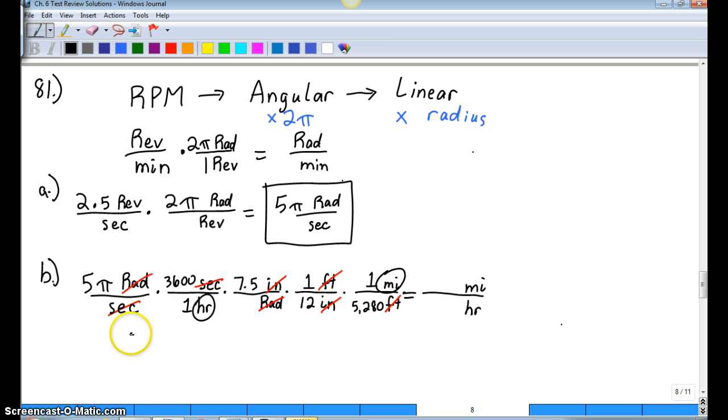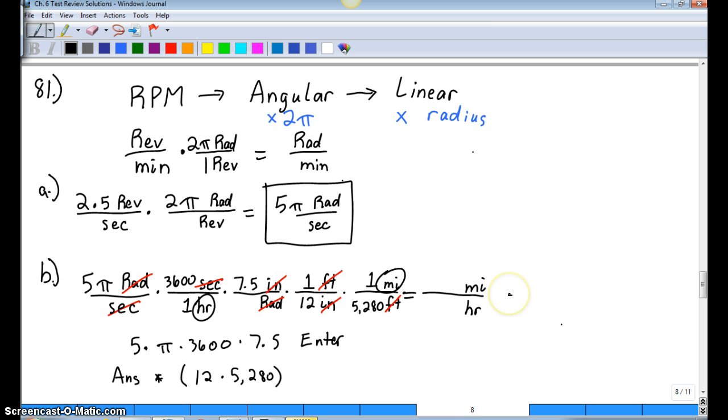So in your calculator, take your 5 times pi times 3600 times 7.5, and I would hit enter right then, and then just, if you hit the times key, in parentheses 12 times 5,280.